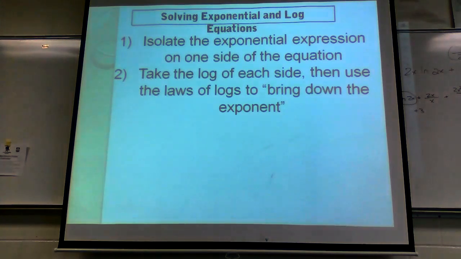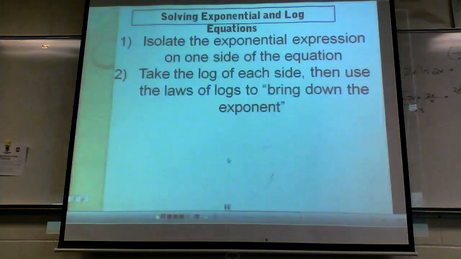When you say to bring down the exponent, what is that? Well, if I had 3 to the x plus 1, when I take the log of that, what happens is the exponent comes down to the front, so this becomes x plus 1 times log of 3.